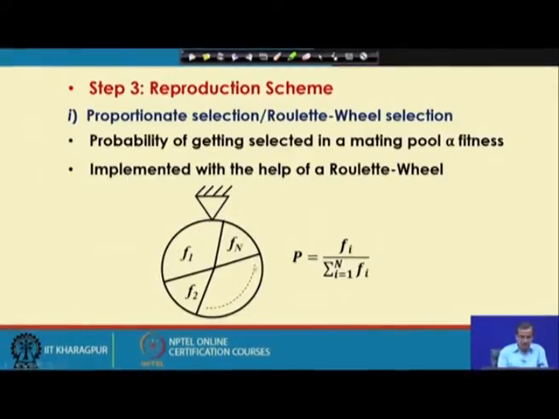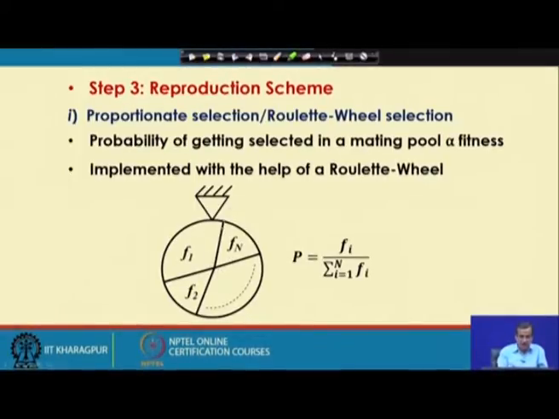On the top surface of the wheel, there will be a few markings f1, f2 up to fn, which are the fitness function values. The area covered by a particular GA string is equivalent to its fitness value. So, the higher the fitness value, the more area will be occupied by that string on the top surface of the wheel.